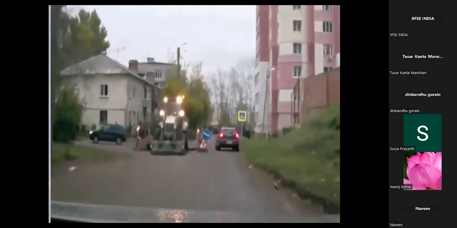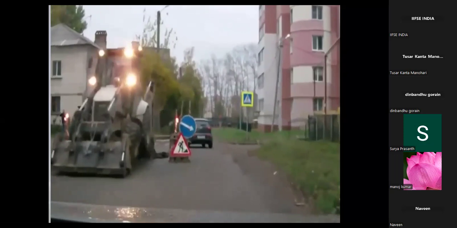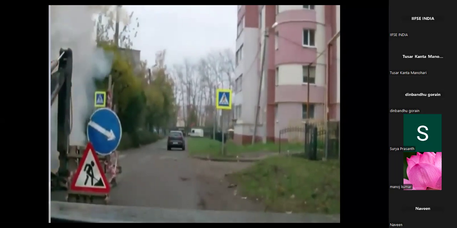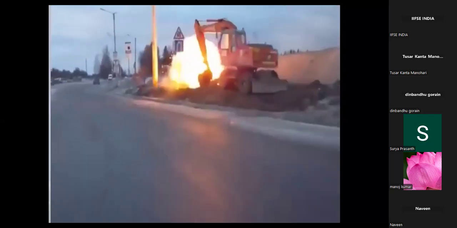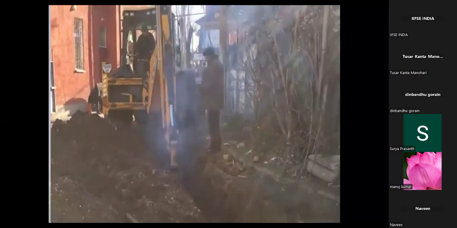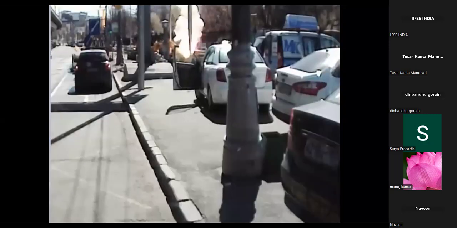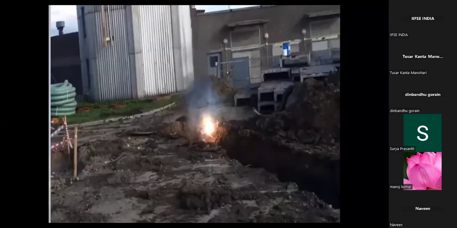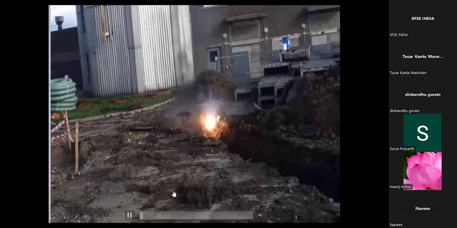A passing driver captured on camera the moment a high voltage cable exploded. By the way, it is also in Russia. Another powerful explosion on the roadworks. Called the electricians. The excavator was quietly digging until it hit the cable, but to those around it looks normal. Subscribe for more. In this video, you'll see how dangerous.